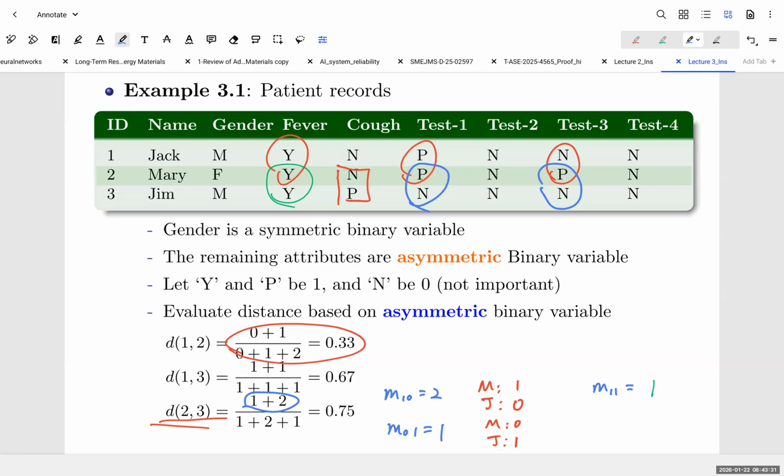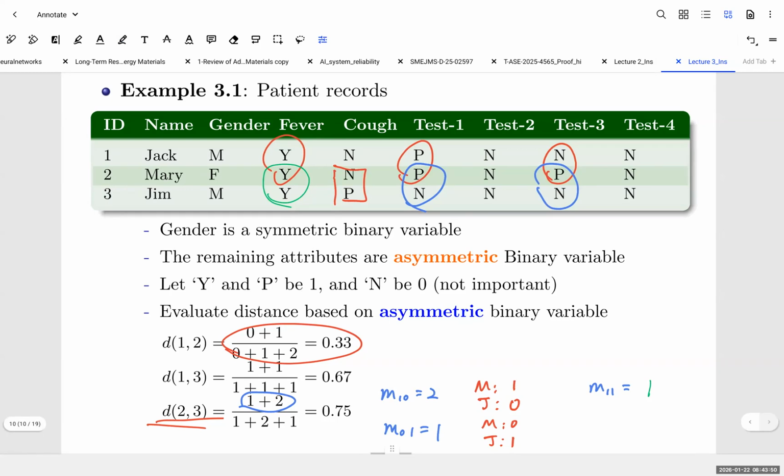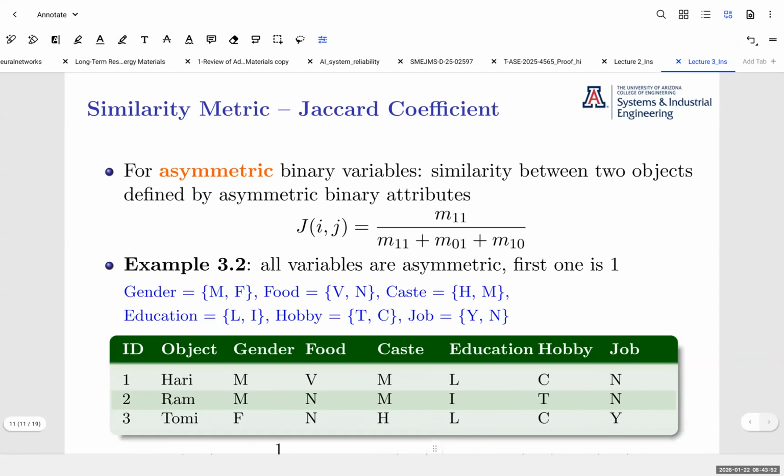If we can build some code and have the computer read the data and calculate without any effort, that's why we use computer to learn rather than people doing it by hand. Okay, this is for dissimilarities or distance for asymmetric binary variables.